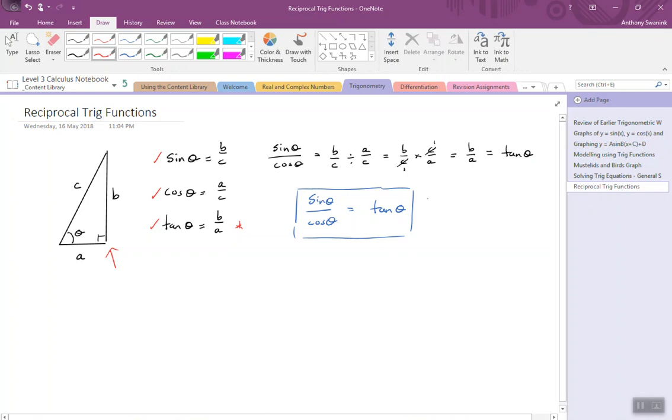So this gives us our first identity, that the sine of an angle divided by the cosine of an angle is equal to the tangent of an angle.